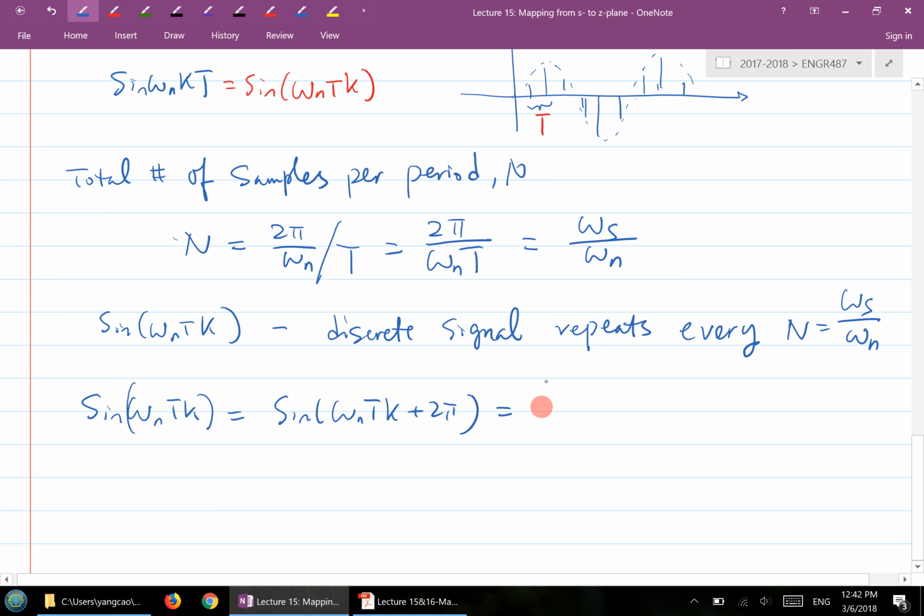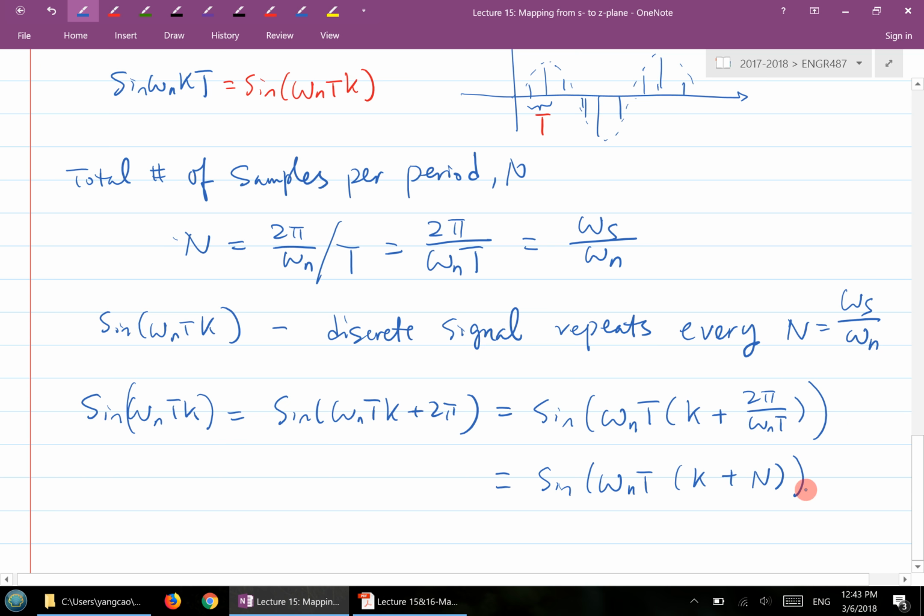So I can rewrite the same signal by taking out omega n T, with k plus 2 pi over omega n T inside. And if you look carefully, 2 pi over omega n T is exactly this capital N.